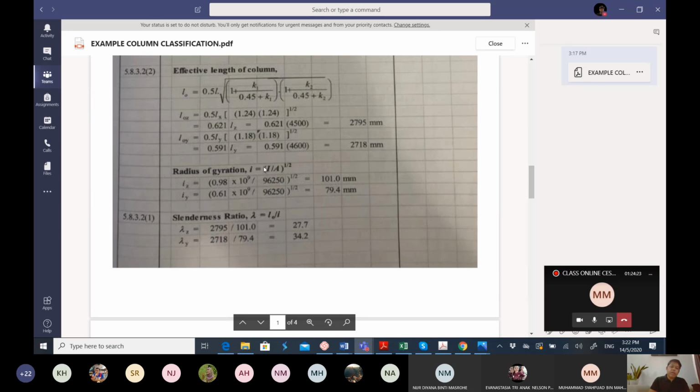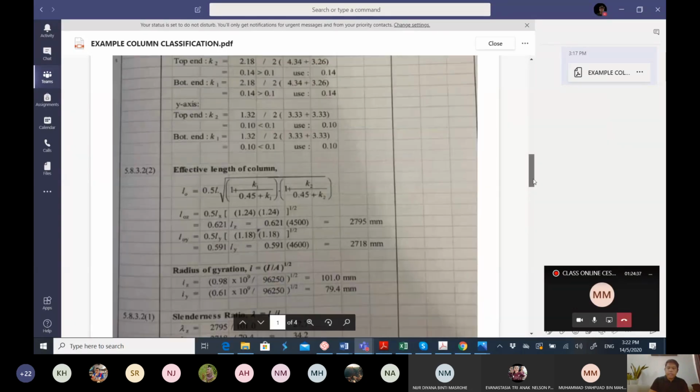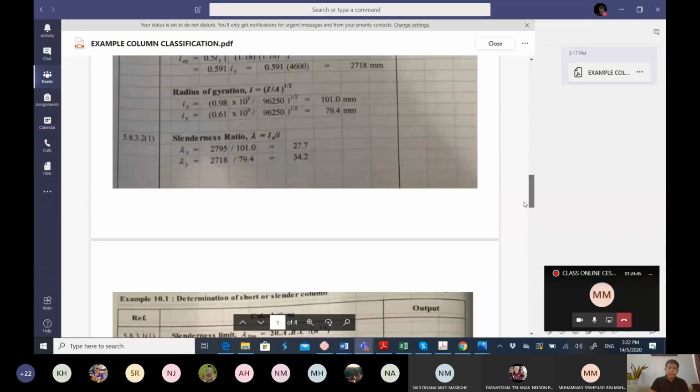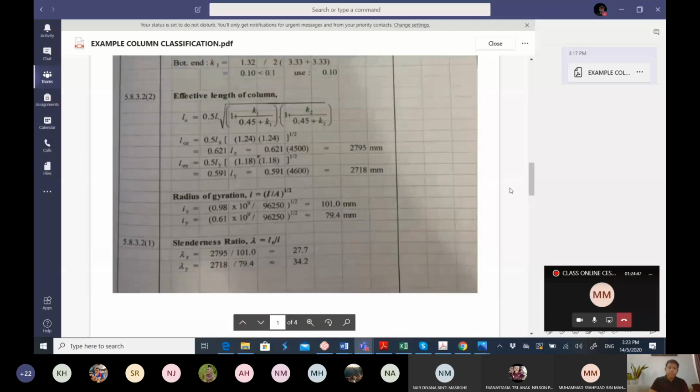Radius of gyration is the square root of I over A. So I is actually I small, Iz is equal to Izz, from the column, and then Iyy for the column, and then you divide it by A. A is the area of the column.